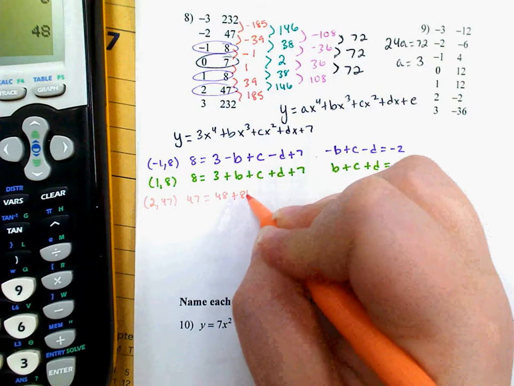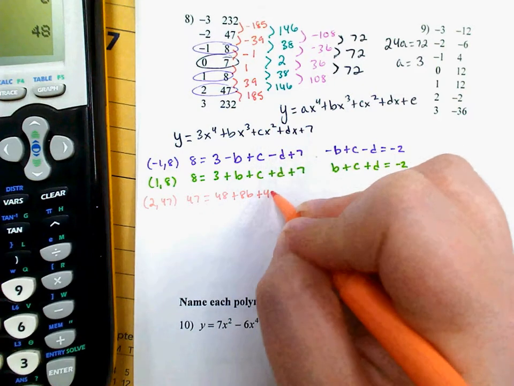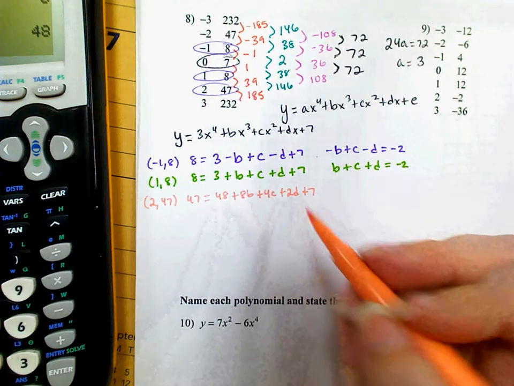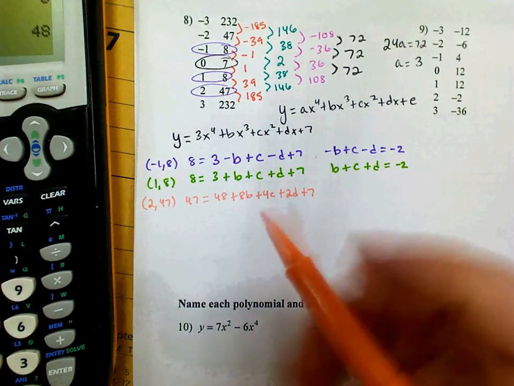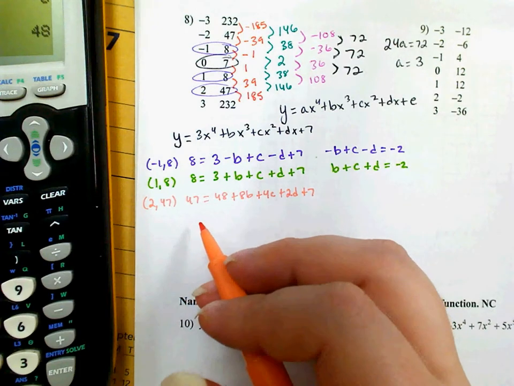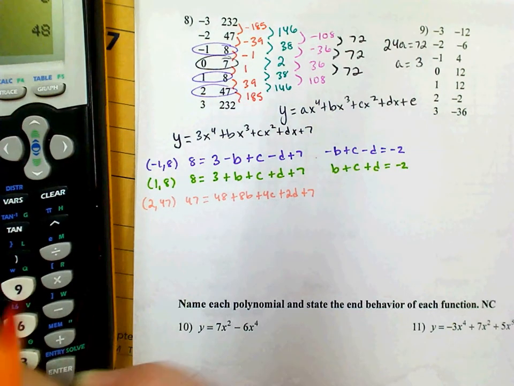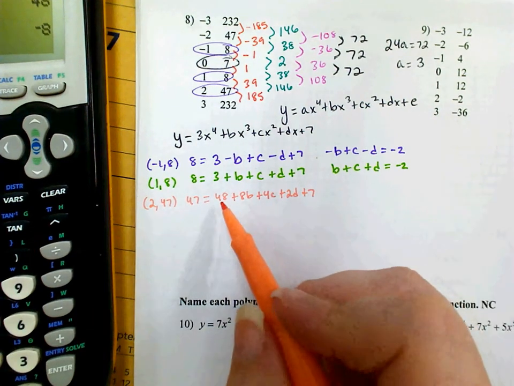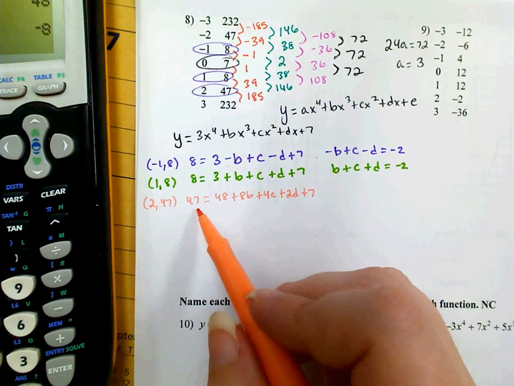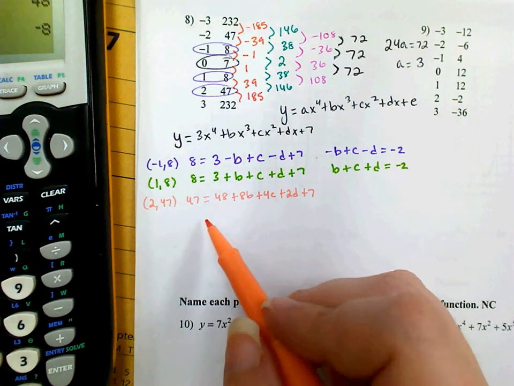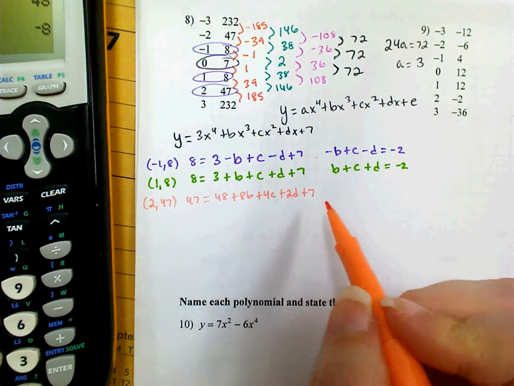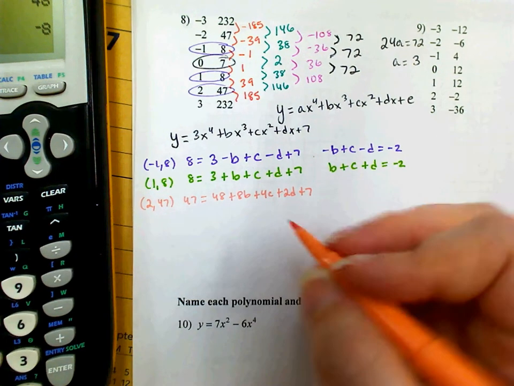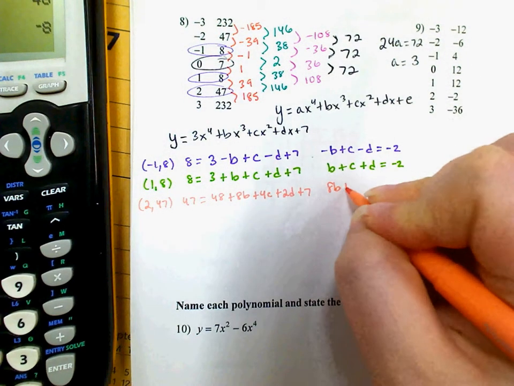And then plus 2 times d, and then plus 7. 48 plus 7 is 55, so I subtract 55 over. Or you can subtract 7 and get 40, and then subtract 48, so 40 minus 48 is negative 8. Either way, you get 8b plus 4c plus 2d equals negative 8.